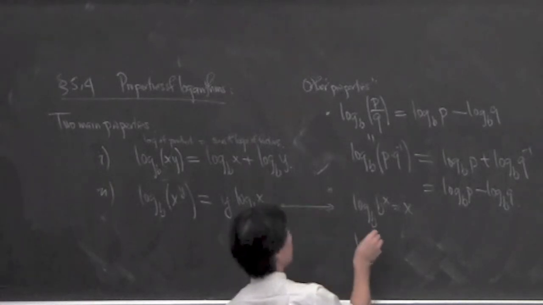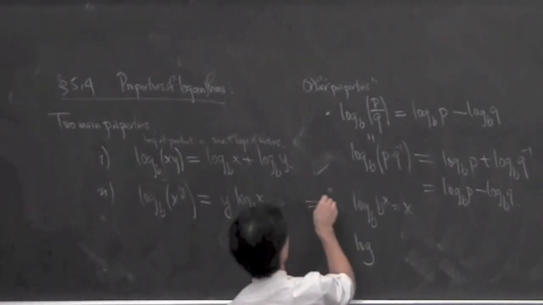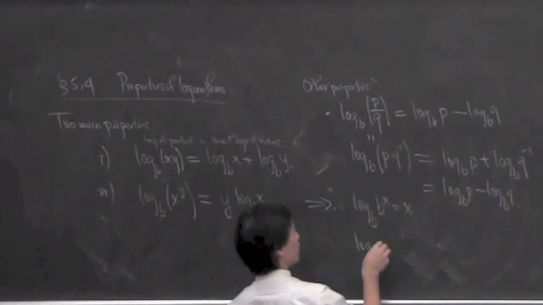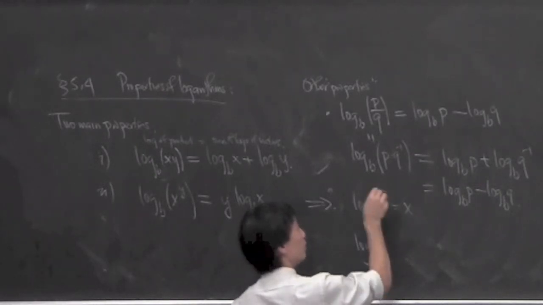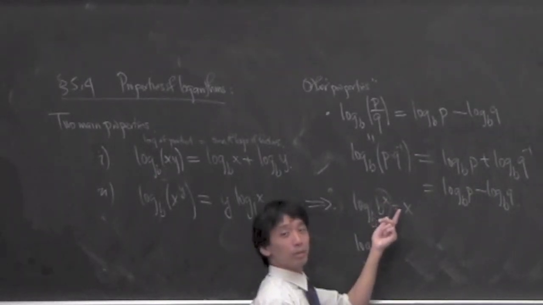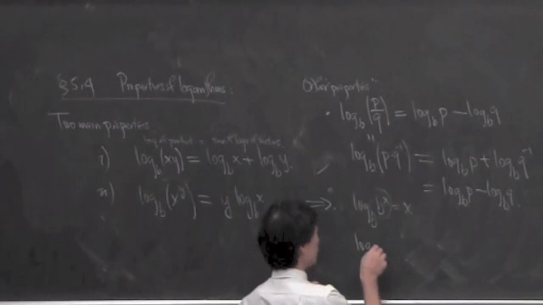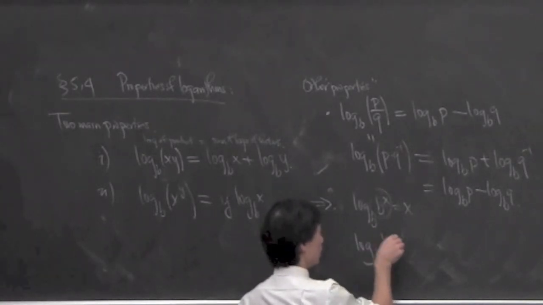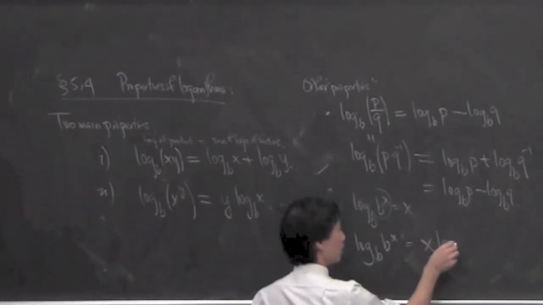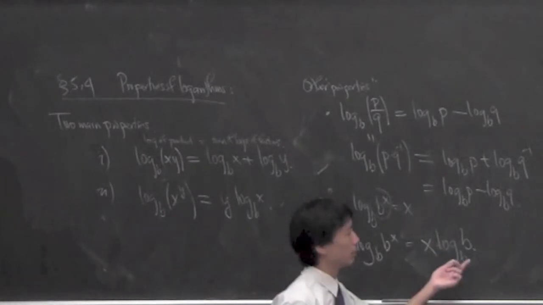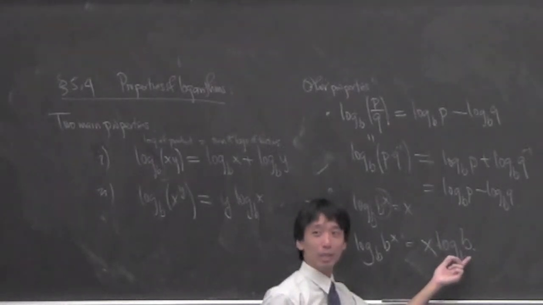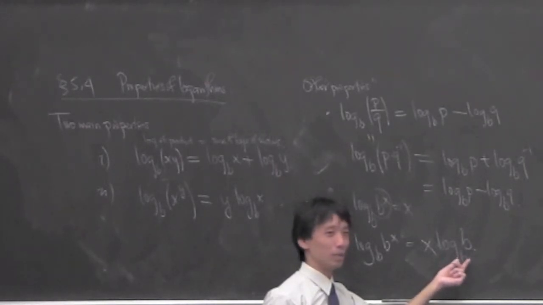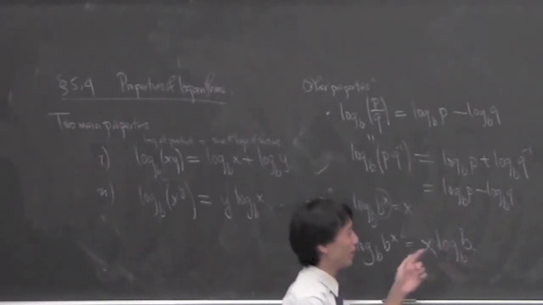And it follows from this, right? Because what can we do to the x? Well, we can pull it out. So log base b of b to the x is x log base b of b. What's log base b of b? What power do you raise b to get b? 1, right? So this is x.